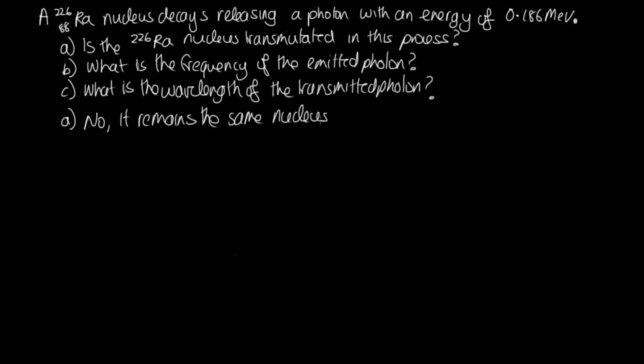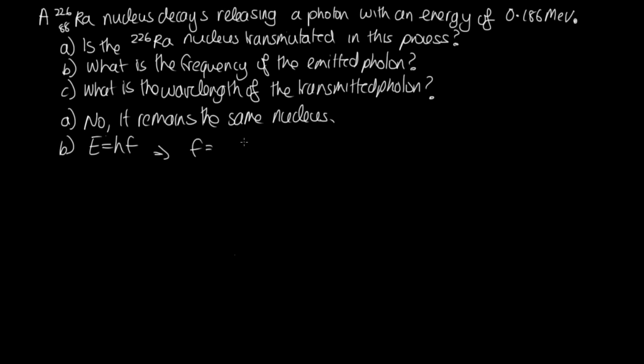nucleus. Part B, we need to use our formula E = hf, where h is Planck's constant. We've got the energy here, we'll need to convert it into joules to put it in here, and then we can calculate the frequency.